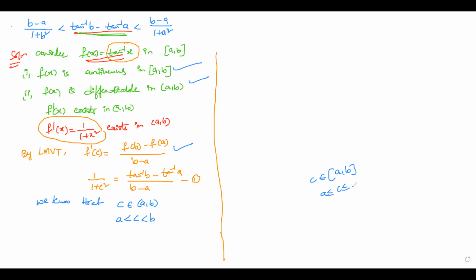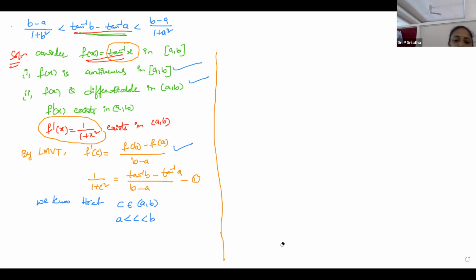Yes, that's enough, but here we don't have that, so we don't need it. Here we have c belonging to the open interval a comma b, so a is less than c is less than b. In the middle we have c.